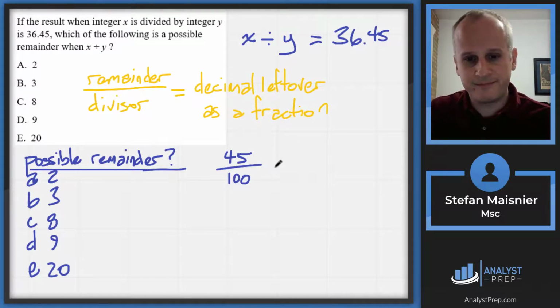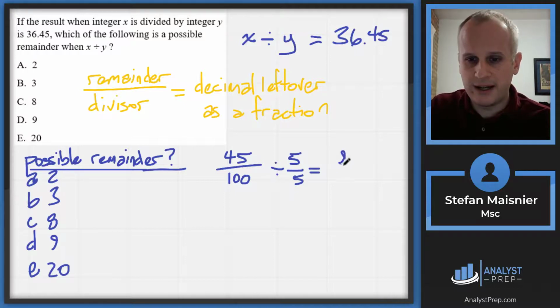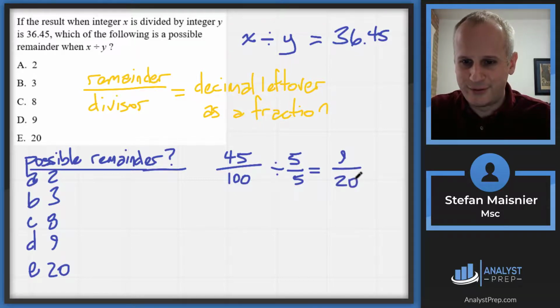So we can see immediately that 45 and 100 are both divisible by 5. So I can divide by 5 over 5 as a fraction to reduce this. So 45 divided by 5, of course, is going to be 9, and that means 100 divided by 5 will be 20. Whoops, not 25, 20.